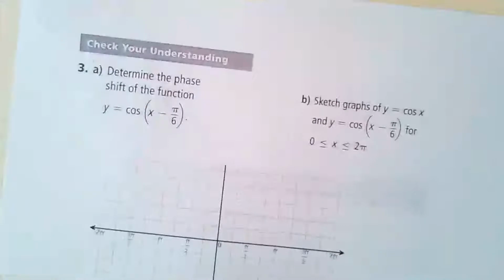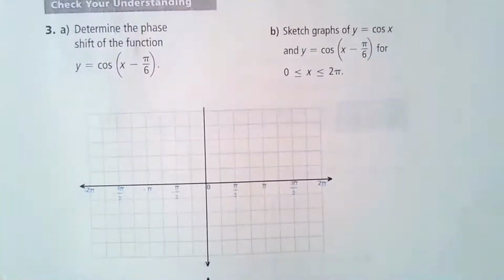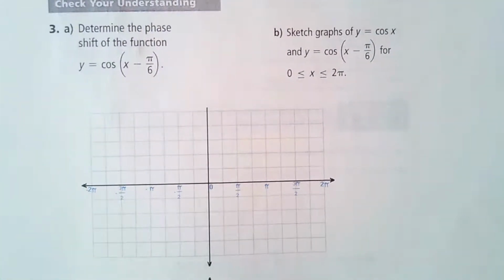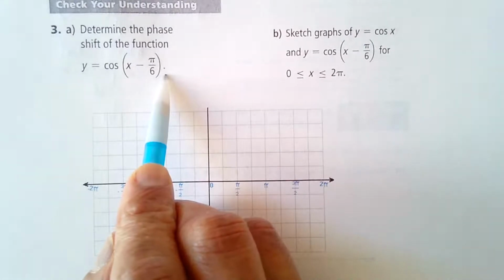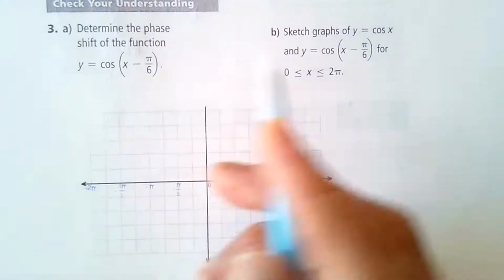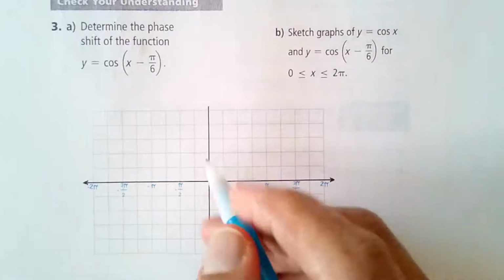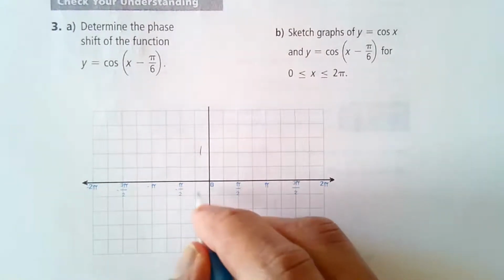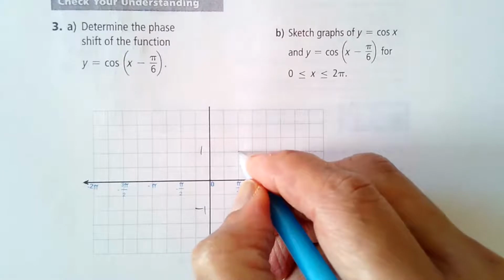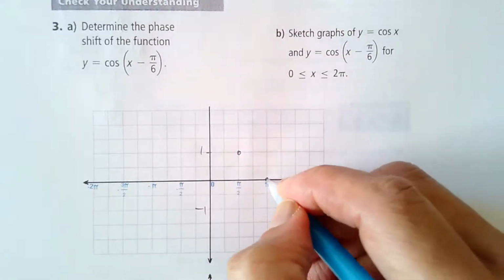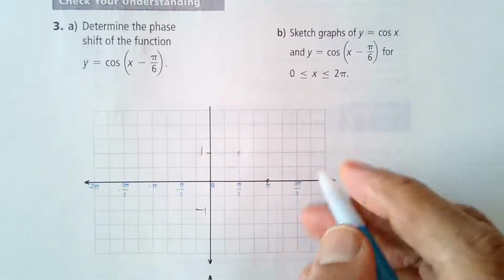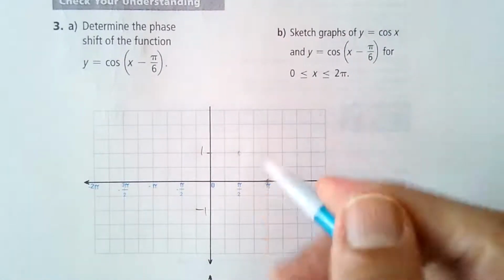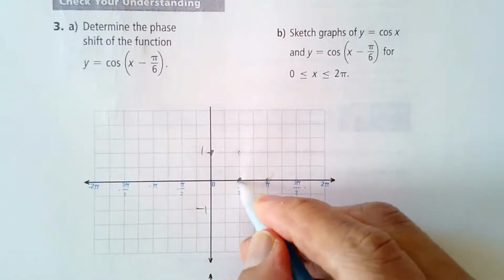So I want to look at this one here: determine the phase shift of the function y equals cos x minus pi over 2. Now, look at this graph here. If you look at a cos graph, let's look at 1, -1. So here are my points for cos.